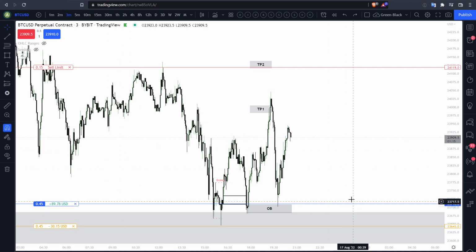Alright, so seeing the price bouncing off of this order block, I will go with my gut, and now I will move my stop loss to break even.